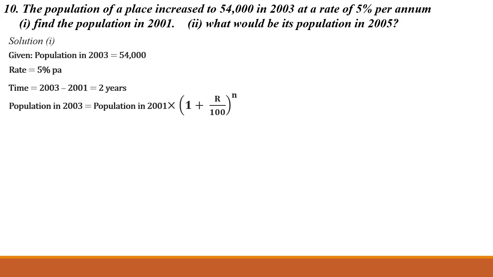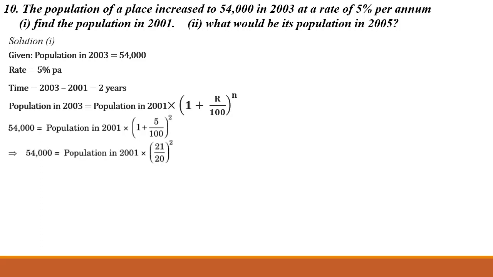Now when we substitute the values, we get 54,000 is equal to the population in 2001 multiplied by (1 plus 5 by 100) squared. 54,000 is the population in 2003, the rate is 5 and n is 2.